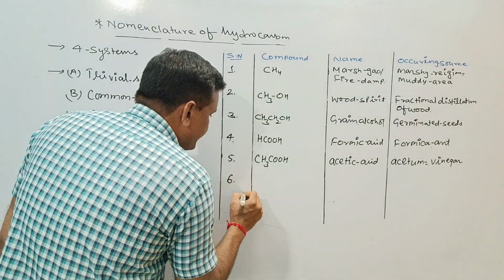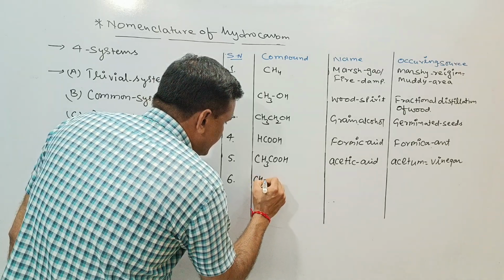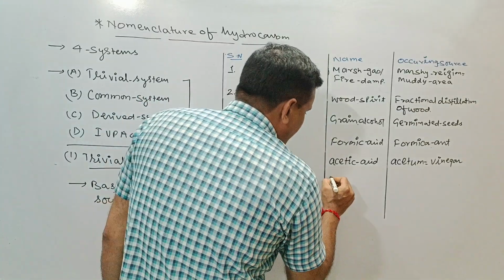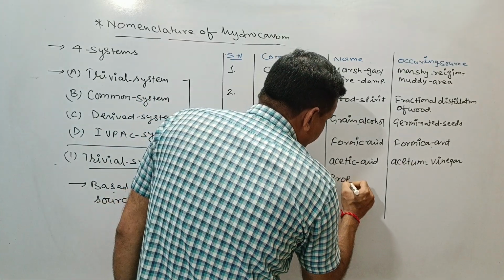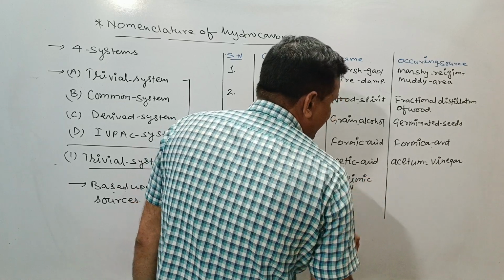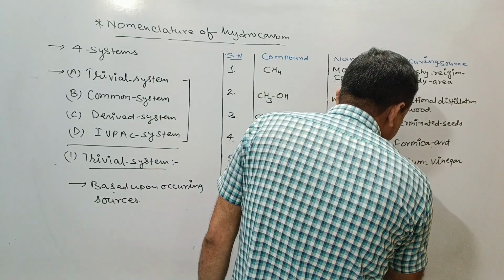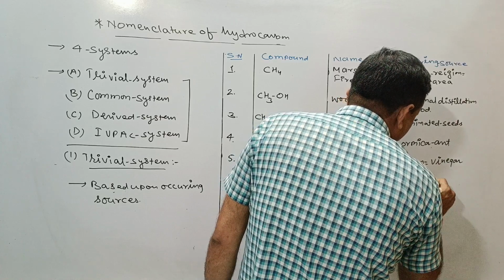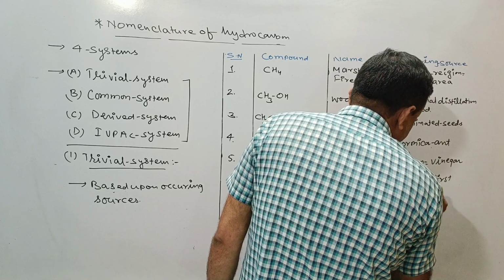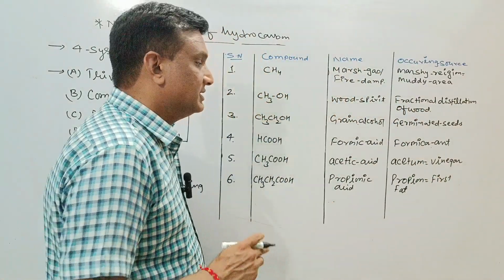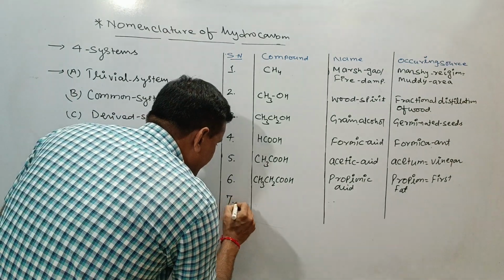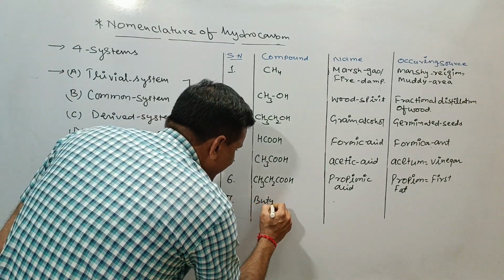Sixth is your CH3CH2COOH. It is called propionic acid, where propion means first fat. In this sense, the fatty acid that was discovered first is called propionic acid. Now the seventh compound is your butyric acid.